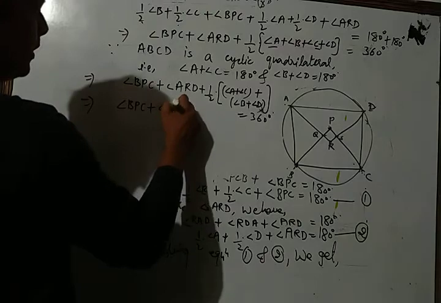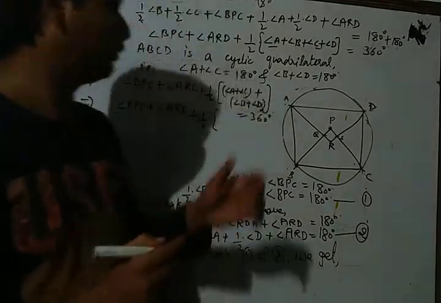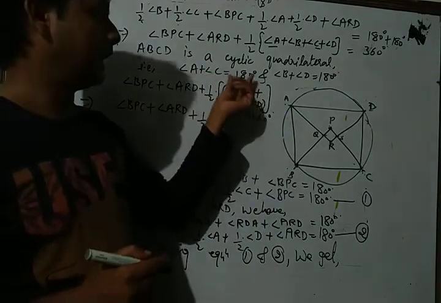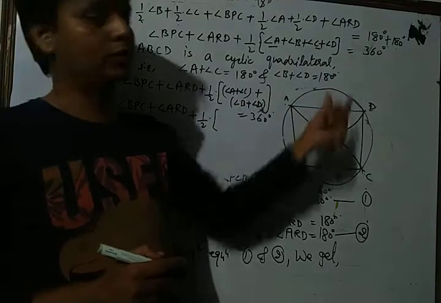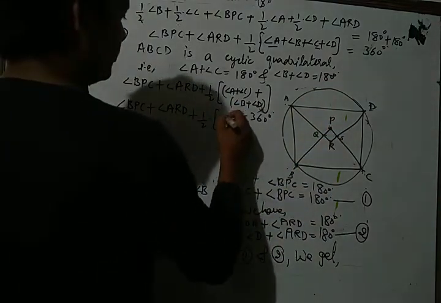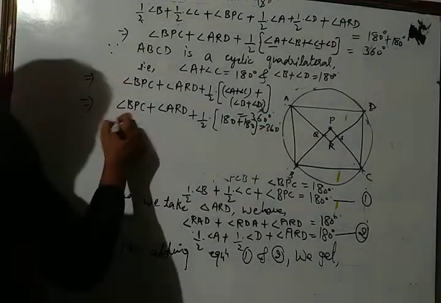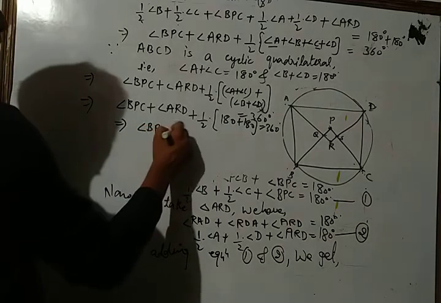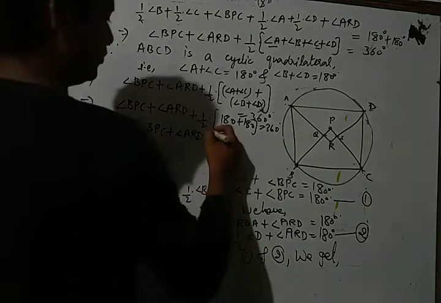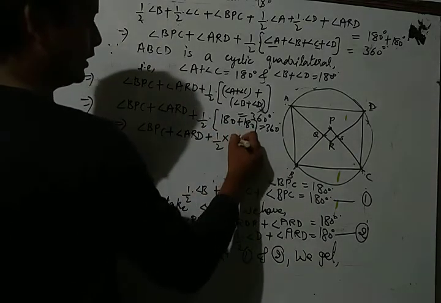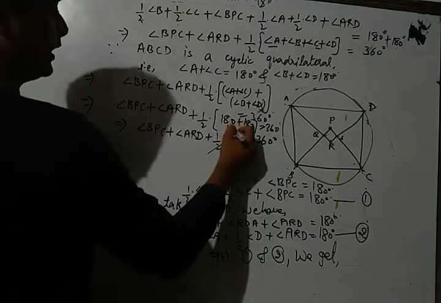So we have angle BPC plus angle ARD plus half of 360, since 180 plus 180 is 360. Divided by 2 we get 180.